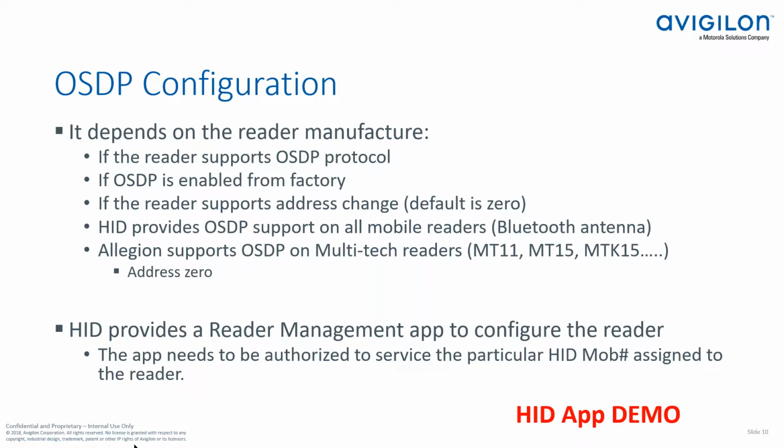So let's take a look at the HID application. What I'm going to do is share my screen real quick. Give me 1 second, firing up an application here to allow me to show my screen. And let's go here and enable that. Okay.